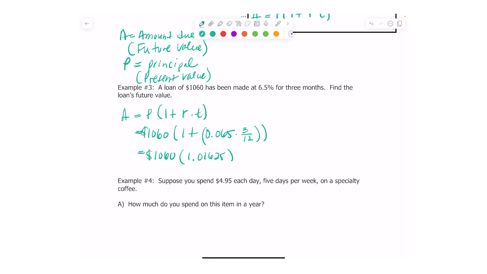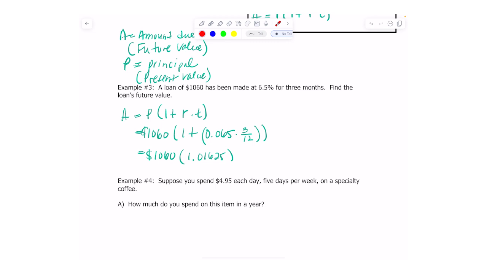Notice I didn't round anything because once you get into rounding, you can have what's called rounding error, and your answer could be a little off or a lot off. So you want to be really careful here. Don't round until the very end. And since we're dealing with money, we'll round to dollars and cents.